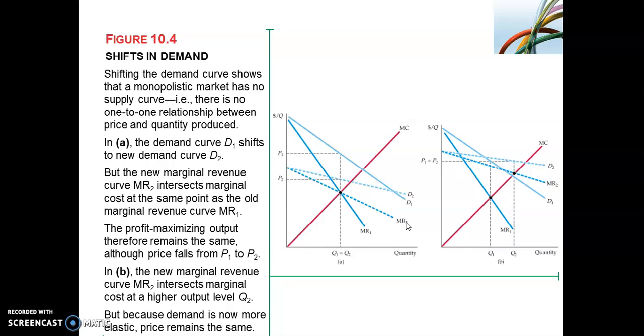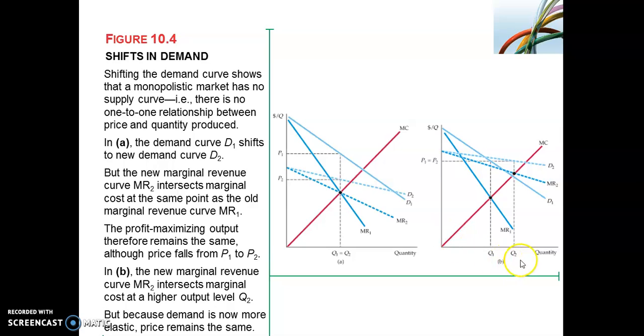Now if we see where marginal revenue 2 intersects your marginal cost curve, that is at this point over here, the output is going to be Q2, which is equal to Q1. However, if we trace this point up to your new demand curve after the shift, that's D2, you can see the price is now lower at P2.